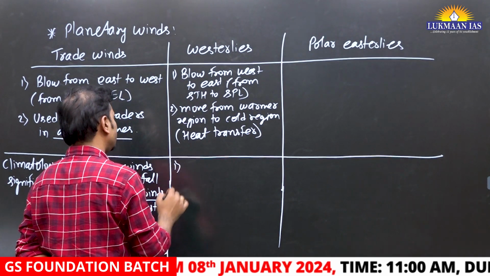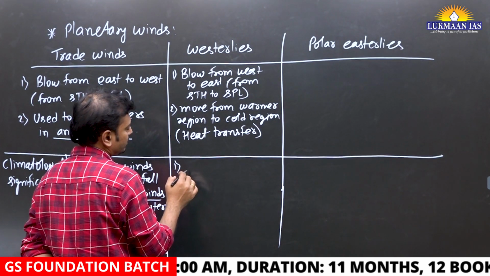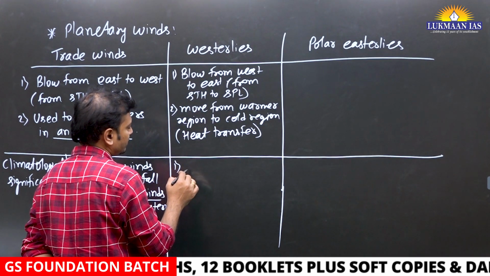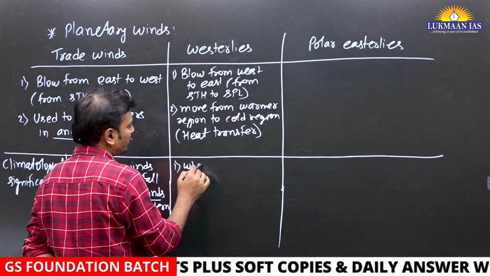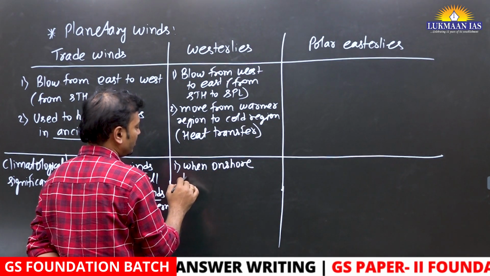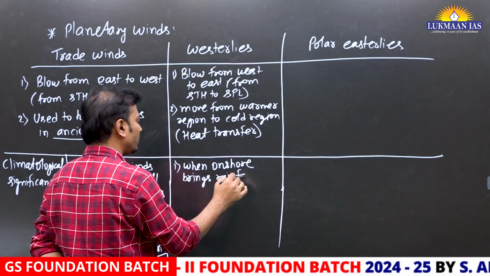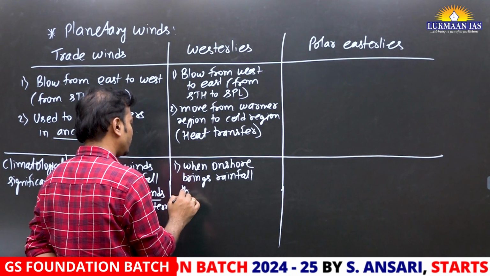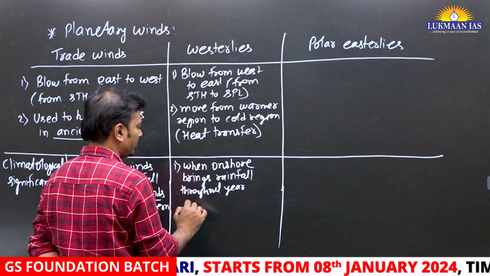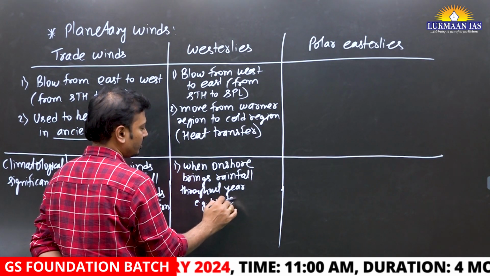Then climatological significance, prominent one, ठीक है, westerlies flowing over the ocean surface. When onshore, brings rainfall throughout the year. For example, western coast of Europe.